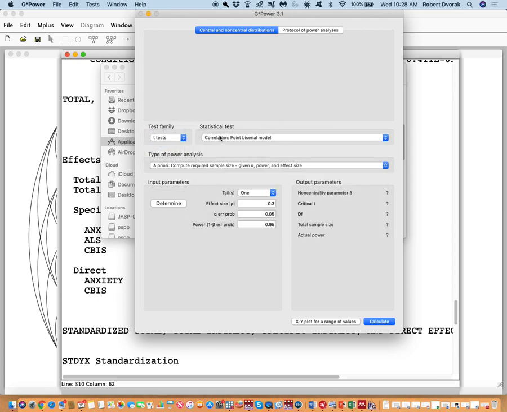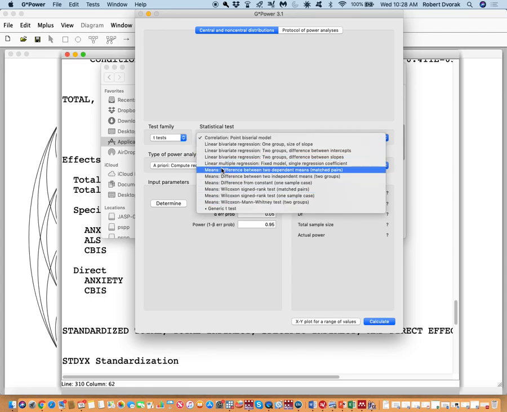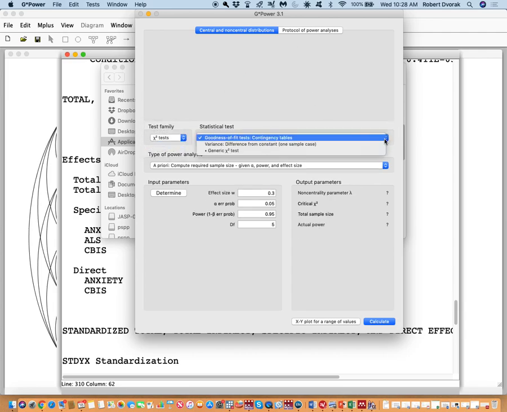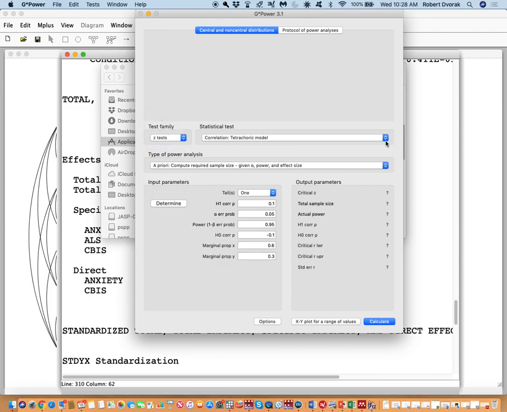You can do t-tests. Usually those are just like mean differences, right? Chi-squared tests, where you can look at goodness of fit, variance differences, and then of course the z-tests. And z-tests are probably the easiest type of test to calculate power.